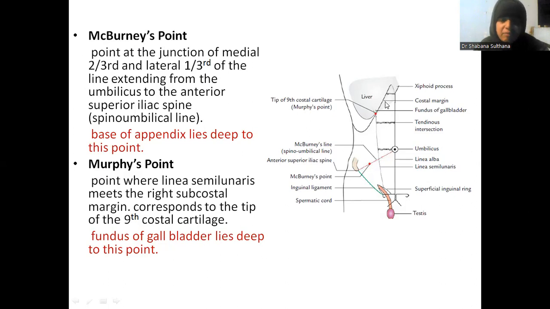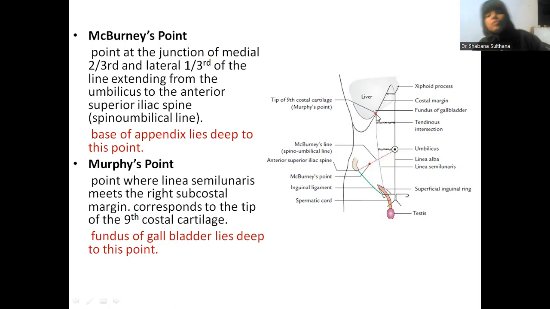Now next we have one more point, which is called Murphy's point. I said this is the linea semilunaris on either side of the rectus abdominis muscle. The point where the linea semilunaris meets the subcostal margin on the right side corresponds to the tip of the ninth costal cartilage.